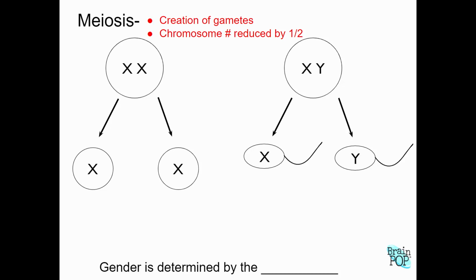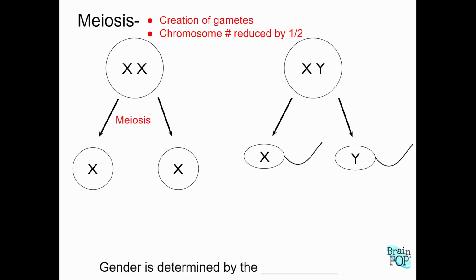It produces those gametes. So is this a cell from a female or male? Female. So when her cells go through meiosis to produce gametes, what sex chromosome can her gametes get? They're only going to get one of these. They can only get an X. Every egg cell has an X as its sex chromosome. However, when a male produces sperm cells, what can the sperm cells be?